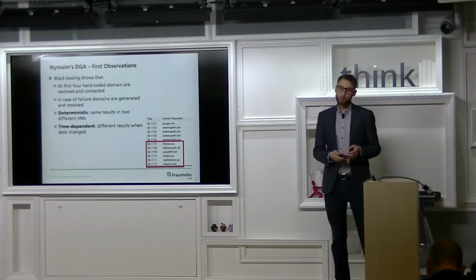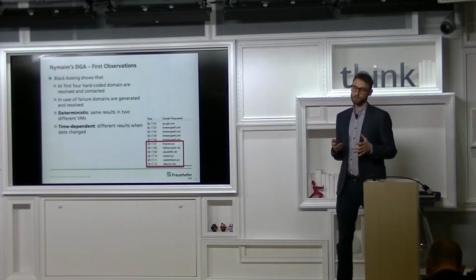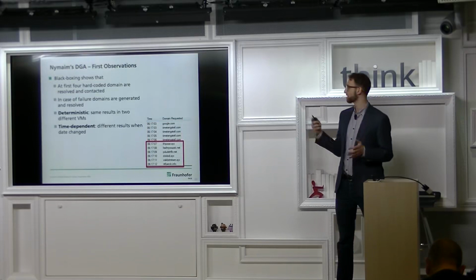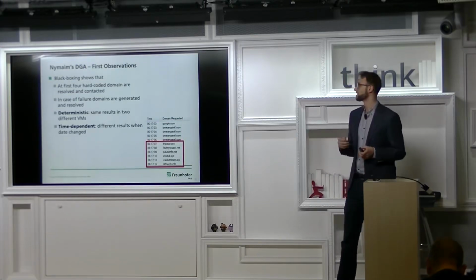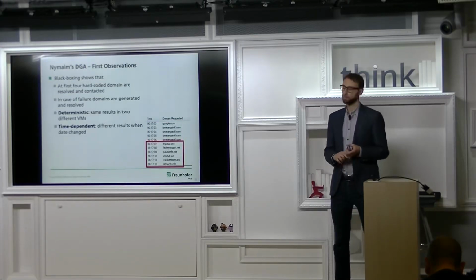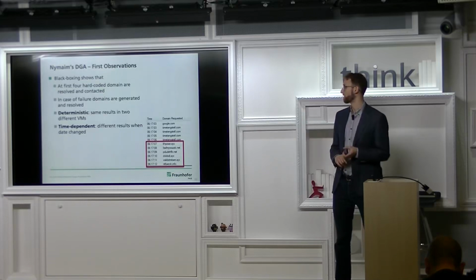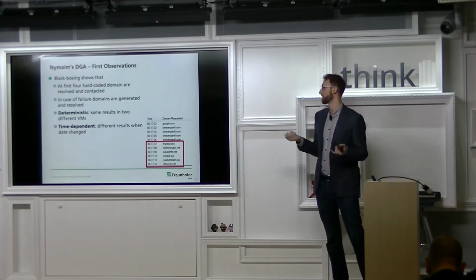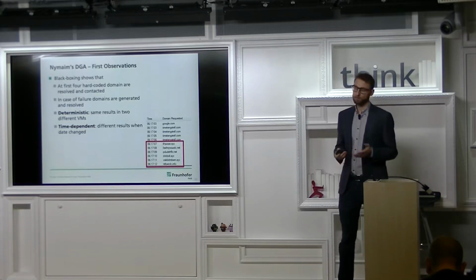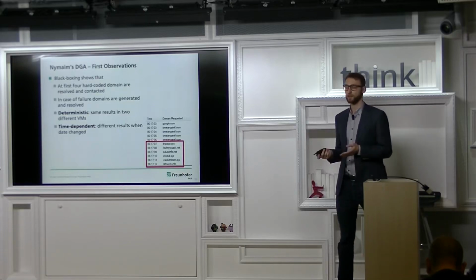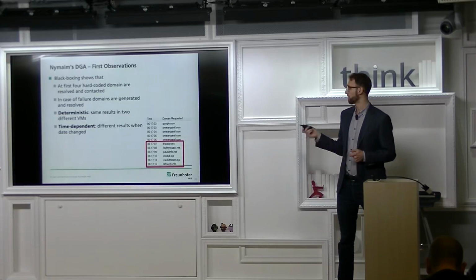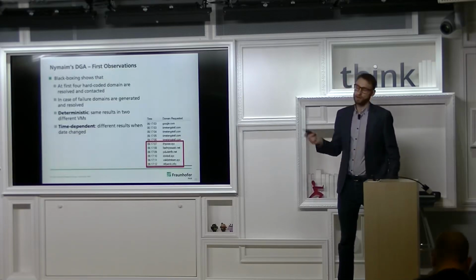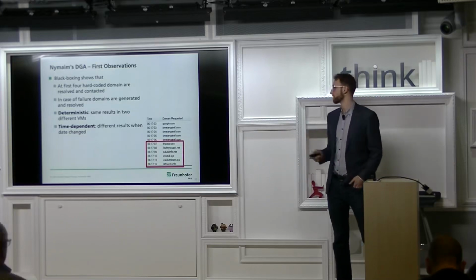Then, when it couldn't contact those domains, it started to generate random domains, as you can see there. I checked it quickly in 2 different VMs, saw that the results are the same, so it's deterministic, I supposed. Then I changed the time and saw that it's time dependent, because on different dates the domains are different.